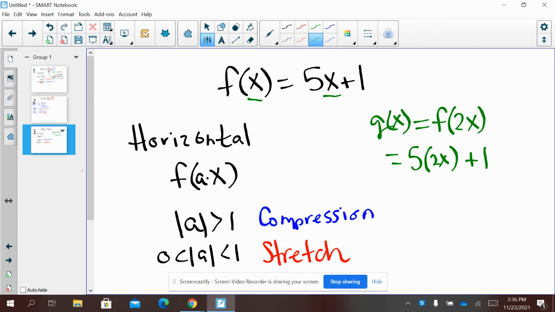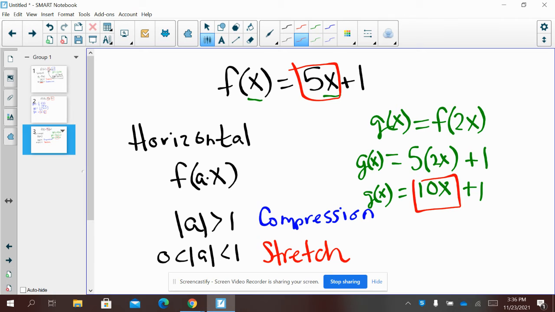Okay, what does that do? Well, the 5 multiplies a 2x, and we get 10x, and nothing happens to the 1. So from our original f of x to our new equation, you'll notice that the slope did change, because I went from a 5 to a 10. But you'll notice that the y-intercept actually stays the same.